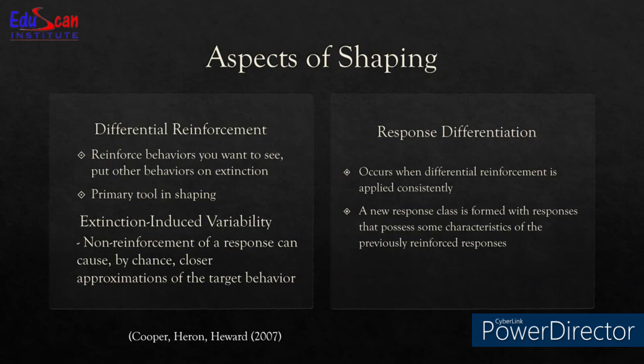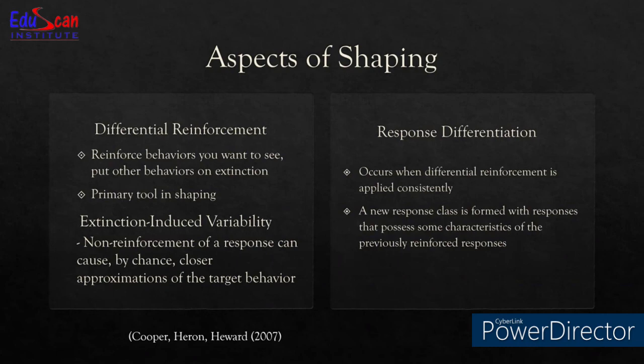Okay? So when differential reinforcement is applied consistently to our responses, different responses are going to emerge from old responses and form new response classes. A new response class is formed with responses that possess some characteristics of the previously reinforced responses.